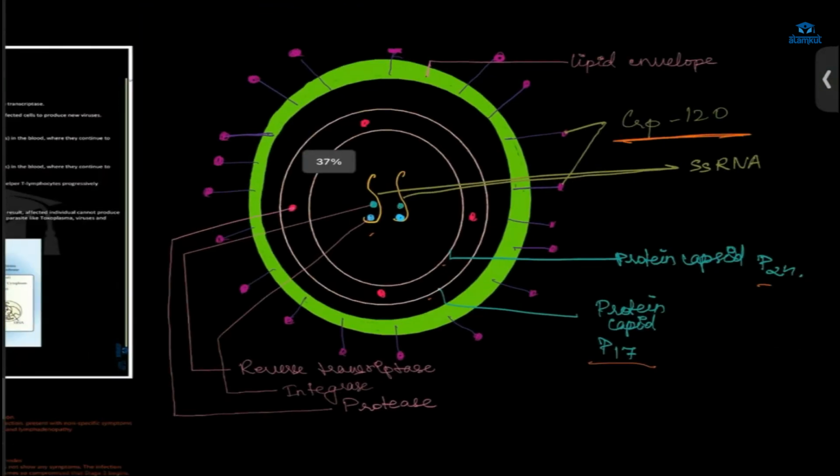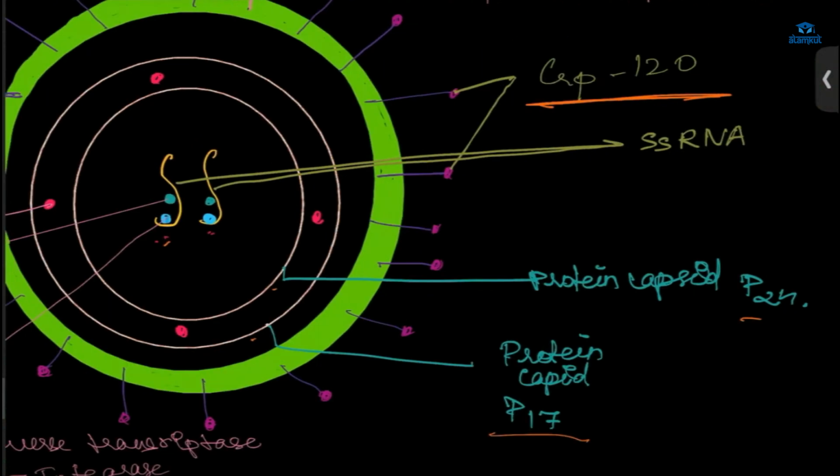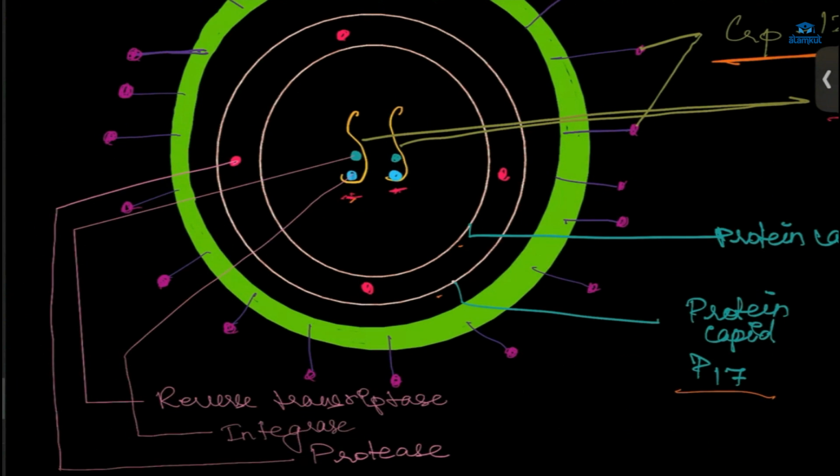Now let's see the virus. How does it look? Here we have two strands of single stranded RNA. In that we have enzymes. You see this green color, that is our reverse transcriptase, and this blue color is integrase.